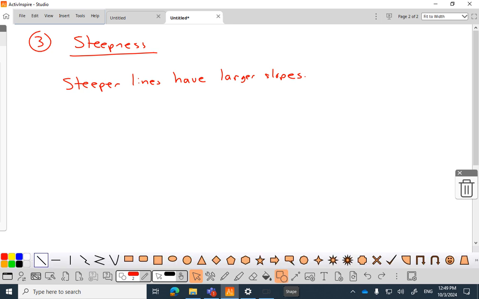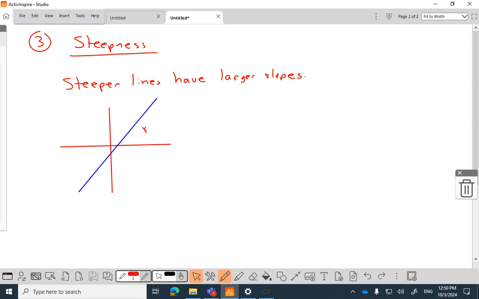Say I give you a slope, and it's like slope 5. It's going up pretty fast.